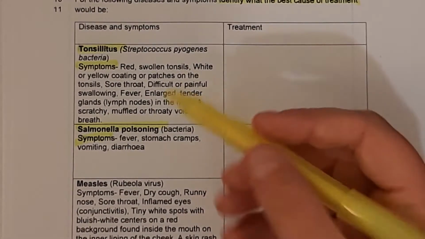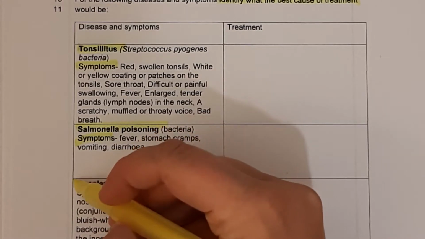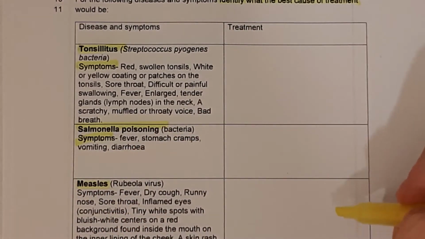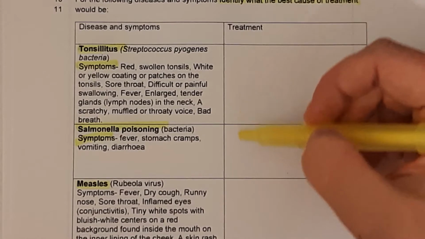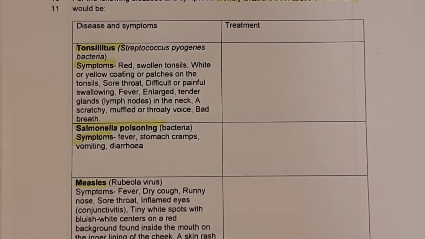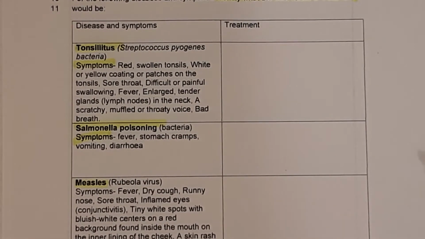You're going to look into what the disease is, but most importantly, how you would treat it. And write down here 2 or 3 treatment options for each of these. Okay? And try and identify which symptoms those are going to help.